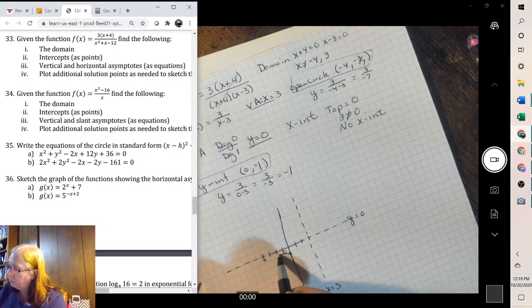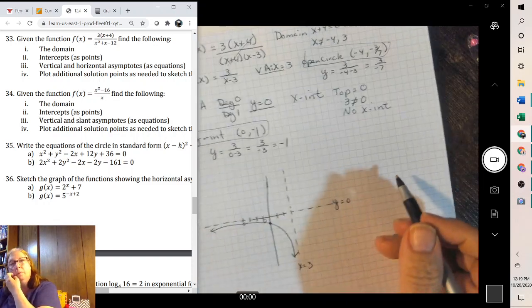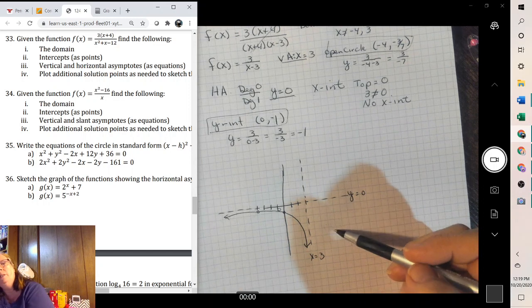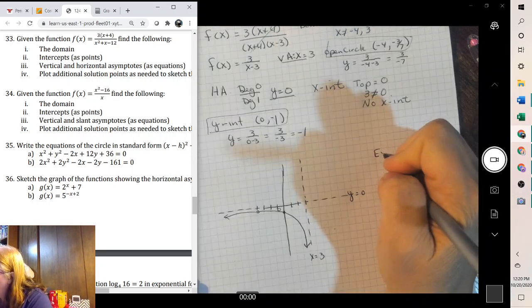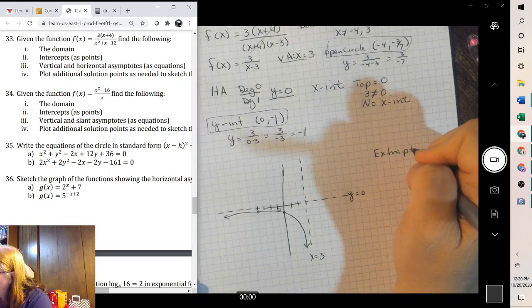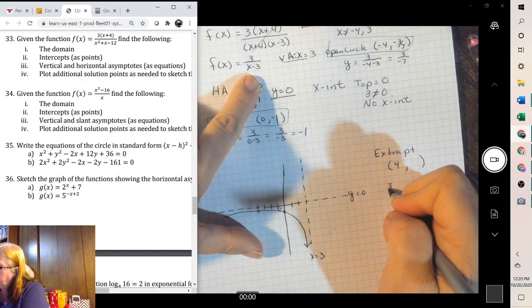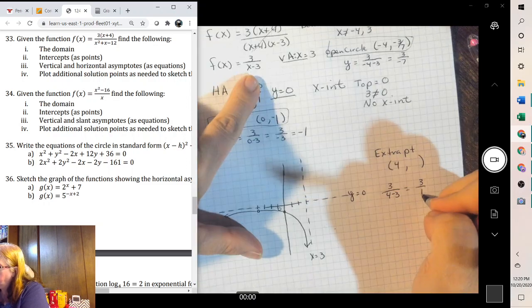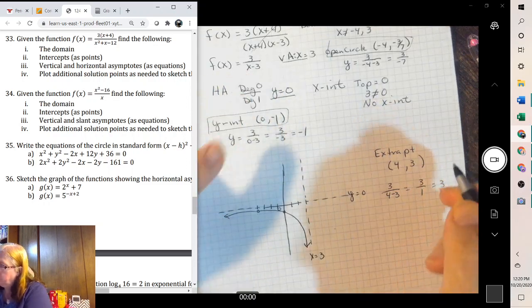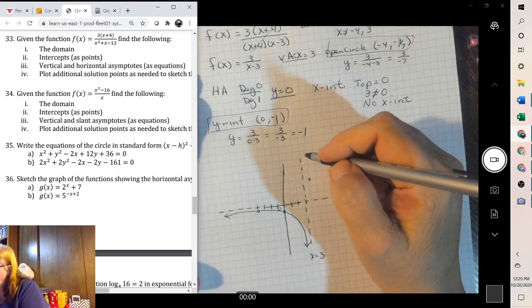So this is going to go to that open circle. So then we have another one that's here or here. We need to plot a point, something larger than 3. So I'm going to plug in 4. 3 over 4 minus 3 is 3 over 1, or 3. So we go over 4 and up 1, 2, 3 here. And there's our line.